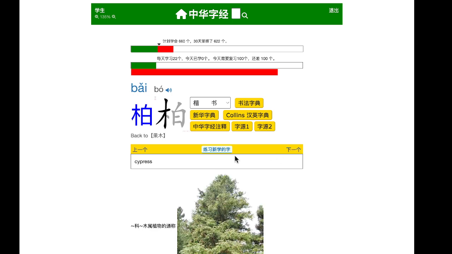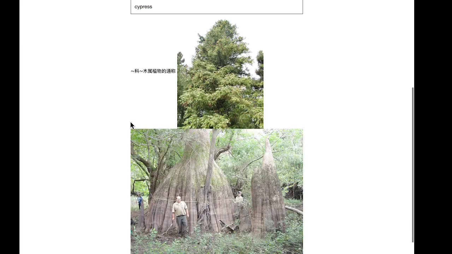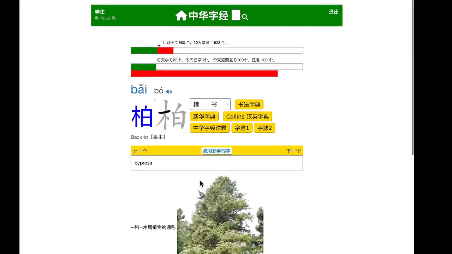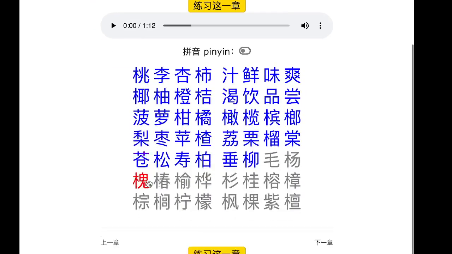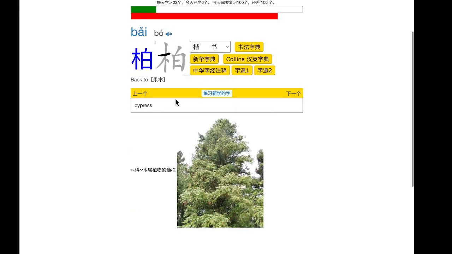Bai. Bai is a cypress tree. You'll see bai liao or bai mu be called. You'll see here, this one is super huge, old growth cypress, really old. That's why we've got it here with shou, because we're talking about these trees living a long time, being kind of green or kind of ashy color and living for a long time.